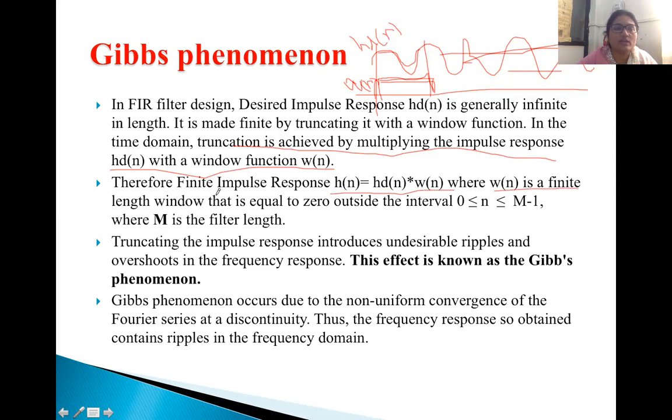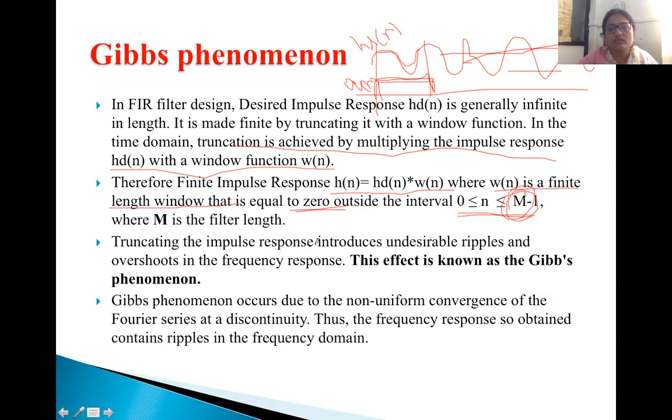It is equal to 0 outside the interval from 0 to m minus 1, and outside of this interval the impulse response h of n is 0. This range is defined by the window function, where m is the length of the filter.